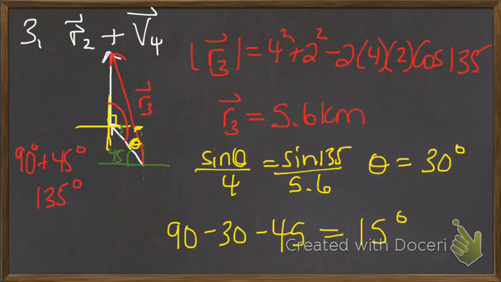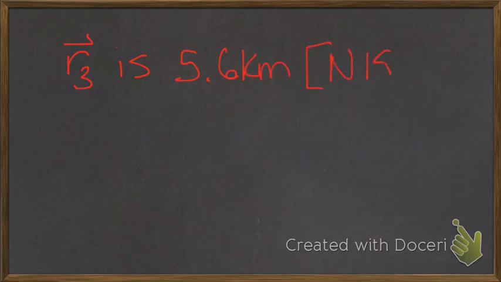And that's important because it gives us the direction for our final vector. So to write your final answer, you want to say R3 is 5.6 kilometers north, 15 degrees west from the parking lot.